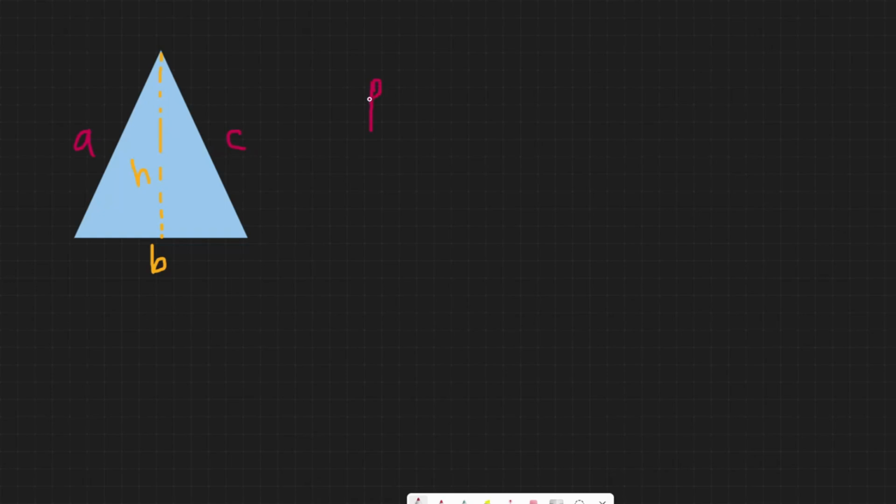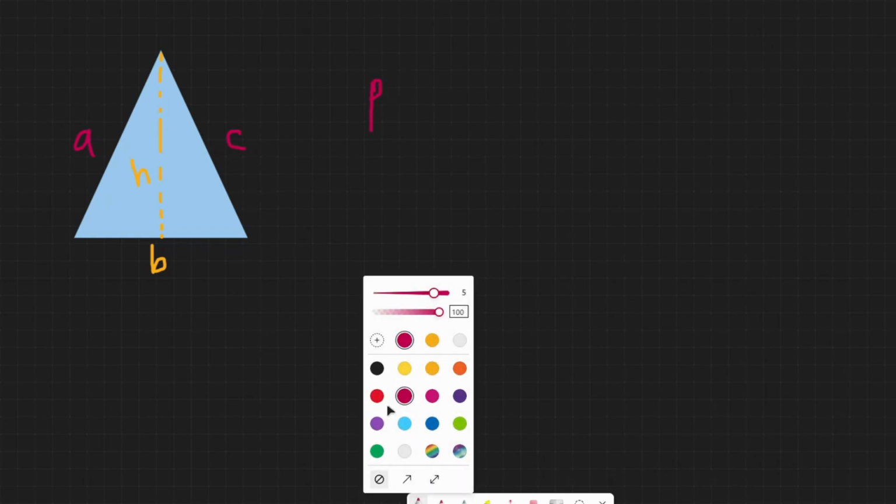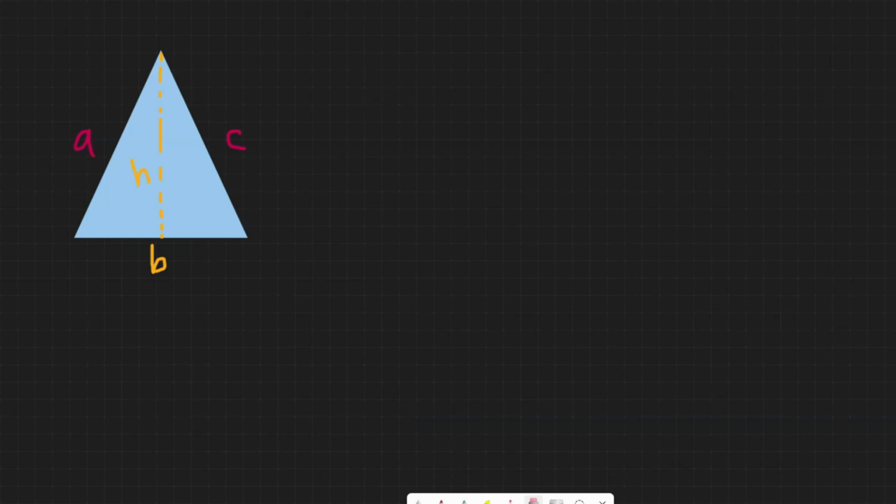The perimeter again is equal to A plus B plus C, or the addition of the sides again.